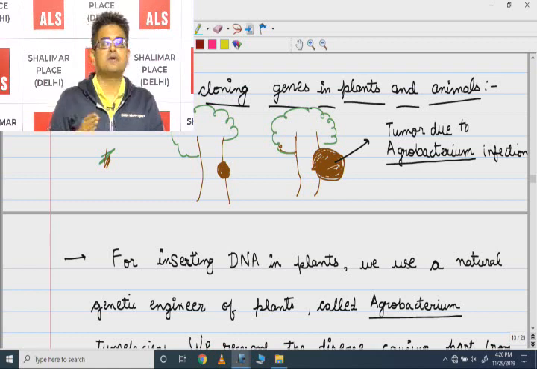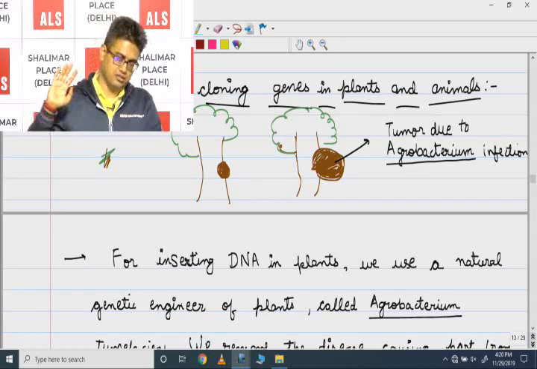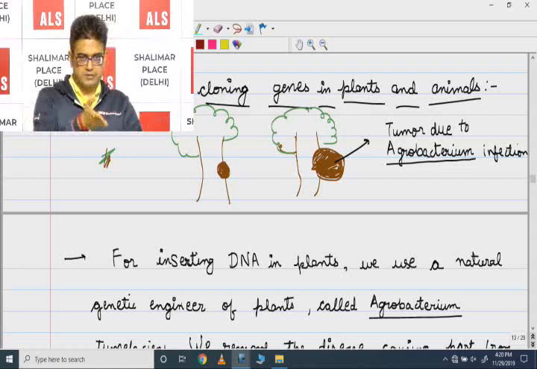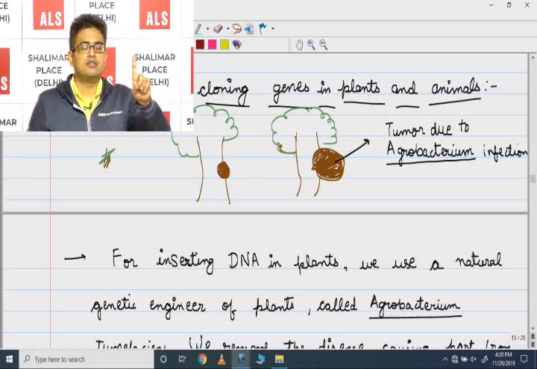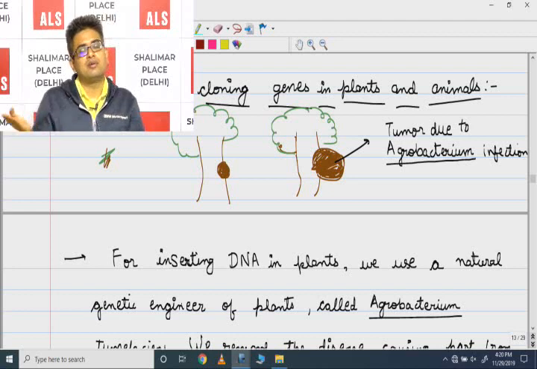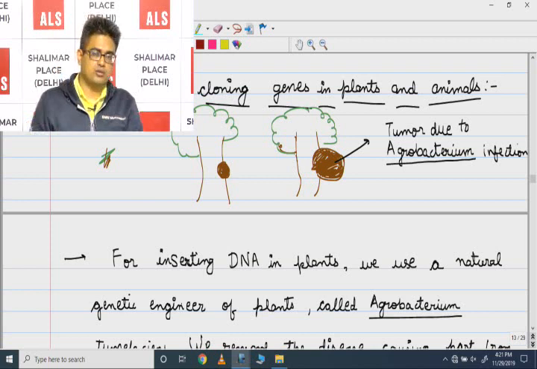These genes are permanently useful. If you make something in bacteria, you will have to spray it again daily. But if you introduce a gene into a plant by genetic engineering, then that character will become permanent. If you introduce water resistance in a plant, this plant will now be able to survive permanently in an atmosphere where there is very little water.